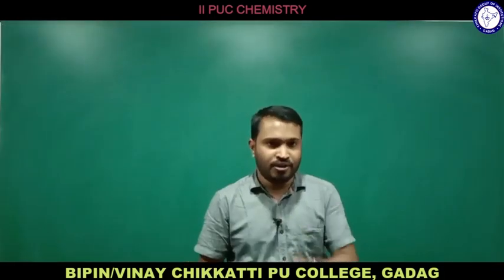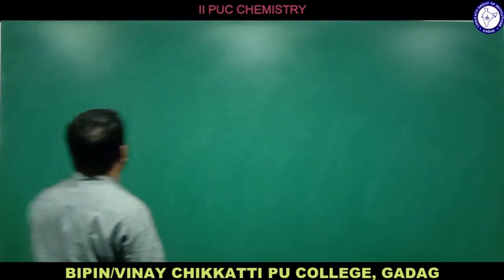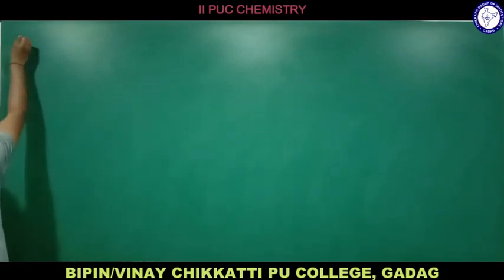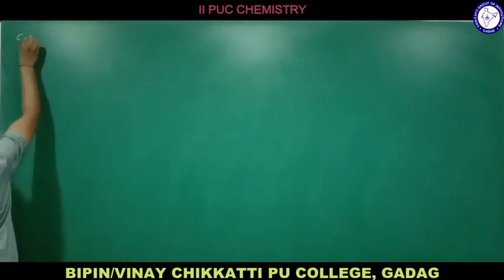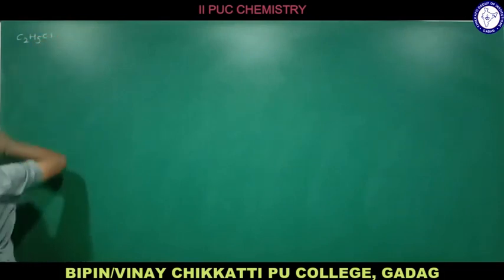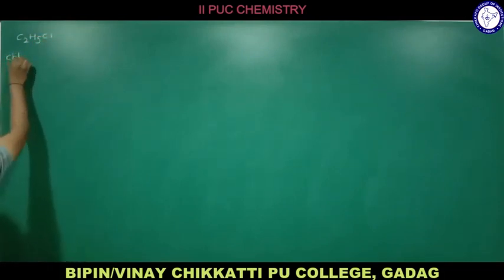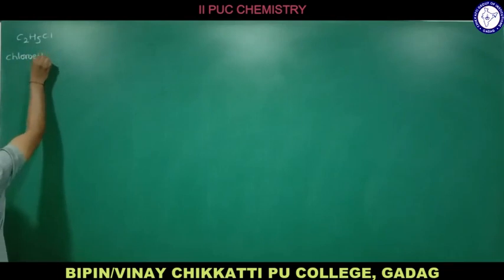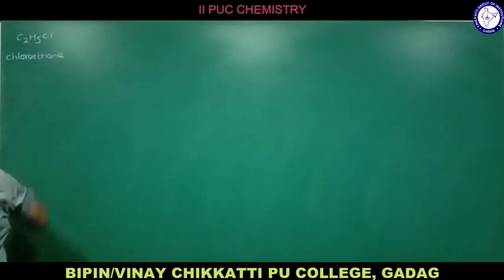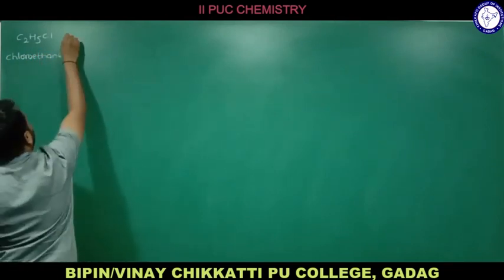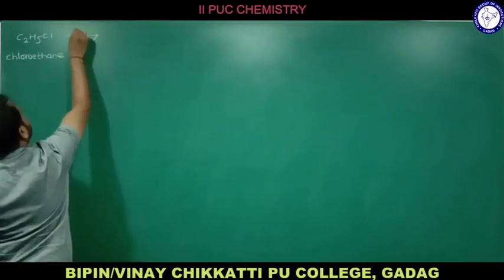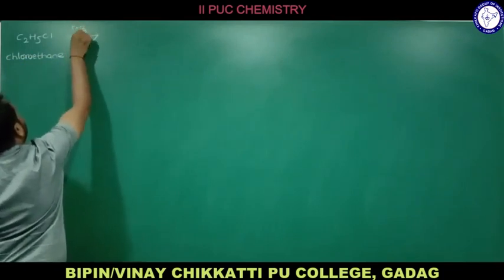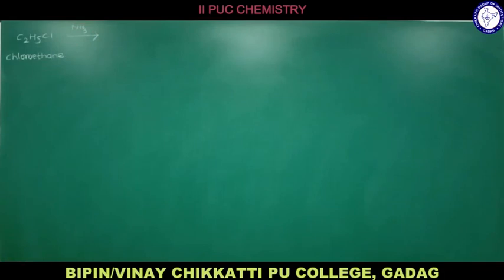Examples for ammonolysis we'll see. Here I am going to consider an example of C2H5Cl. This is chloroethane, or ethyl chloride, you can say. This is an alkyl halide, and when it reacts with ammonia, that is NH3, ammonolysis takes place.